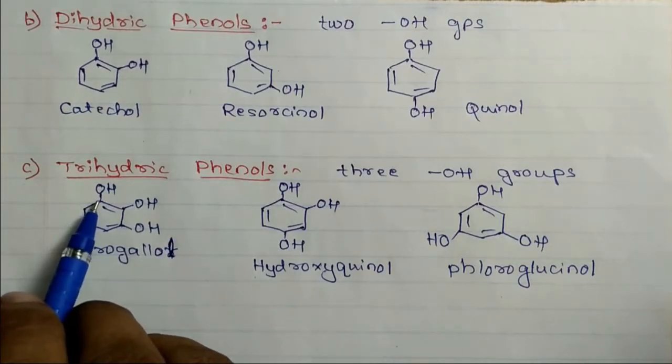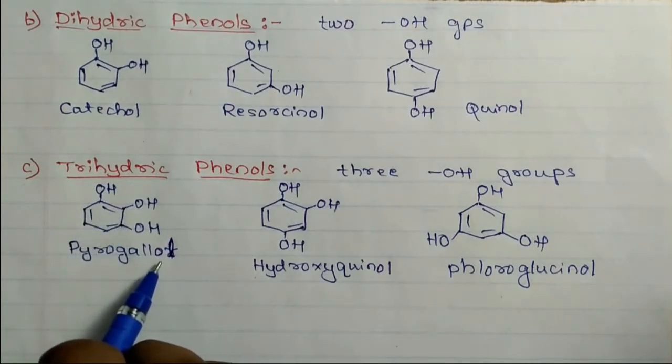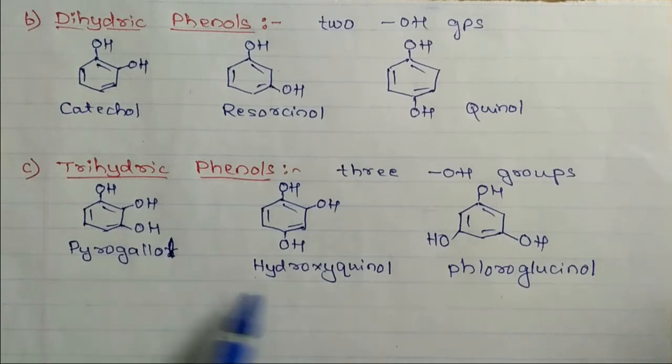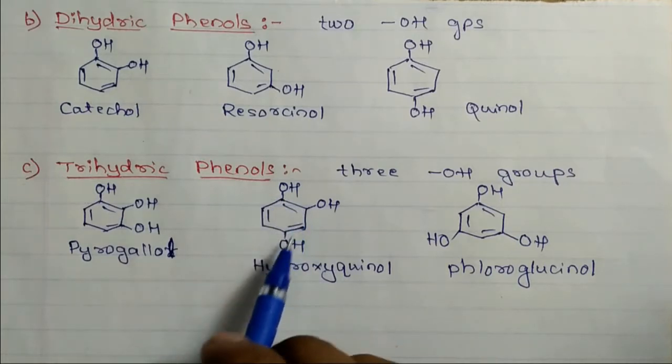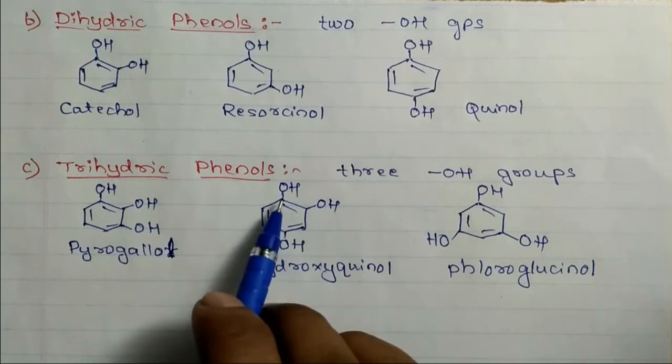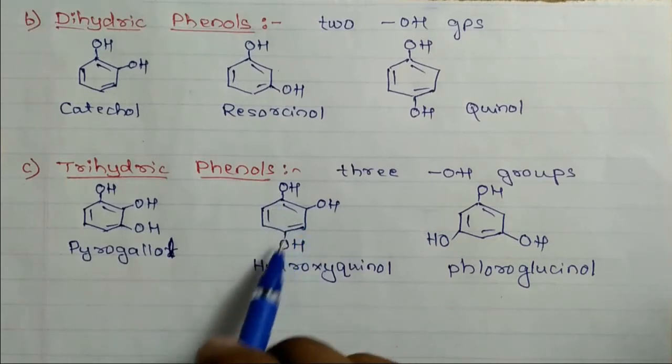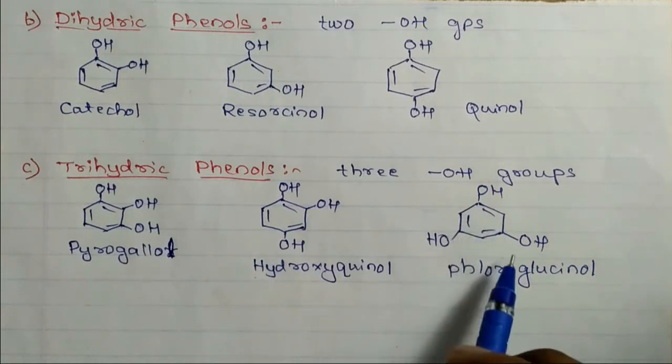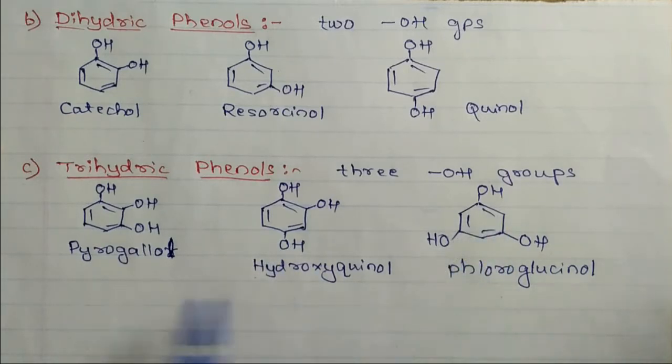Here benzene 1,2,3-triol, pyrogallol. Hydroxyquinol, benzene 1,2,4-triol. This is benzene 1,3,5-triol, phloroglucinol. These are the examples of trihydric phenols.